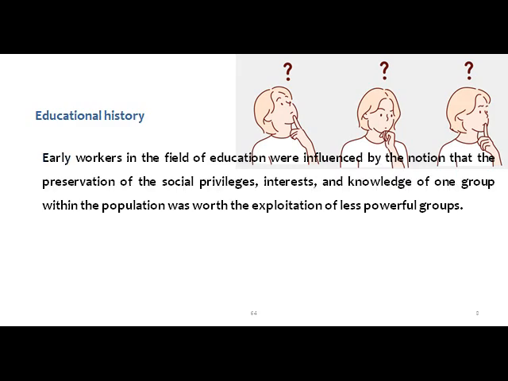Educational history. Early workers in the field of education were influenced by the notion that the preservation of the social privileges, interests, and knowledge of one group within the population was worth the exploitation of less powerful groups.